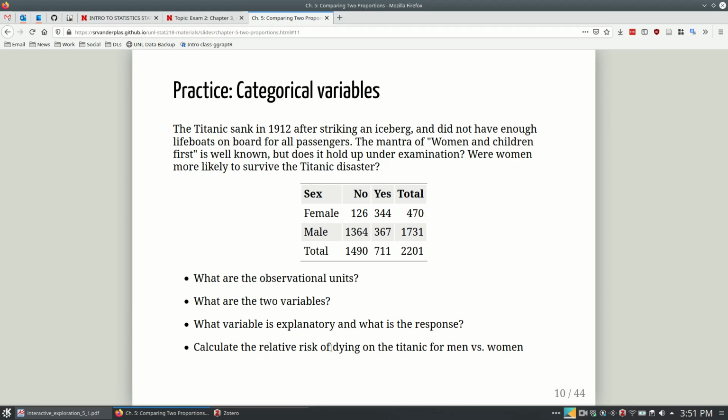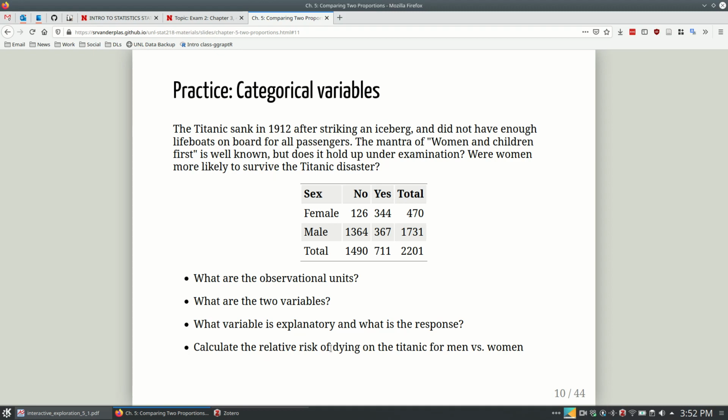Now that we've got the two group proportions, we're going to look at men versus women. So men on top, women on bottom. So we divide 0.788 by 0.2681 and get 2.9393. All right?